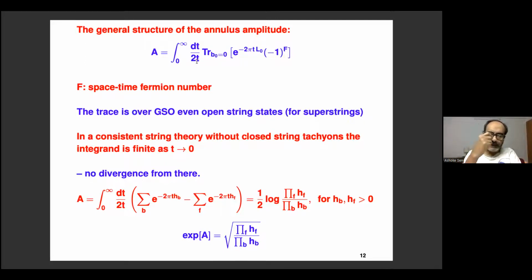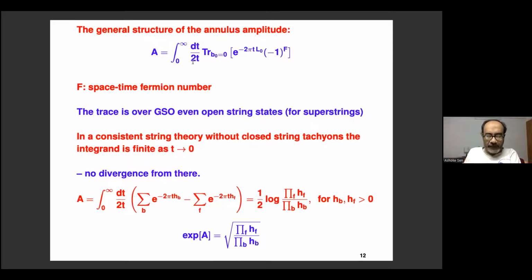The closed strings on the D-instantons carry momentum in all directions, so you have a large momentum integration in the numerator, d^dk, where d is the number of non-compact dimensions. As long as d is larger than 2, we are fine. So you expect that there is no divergence from the closed string channel.